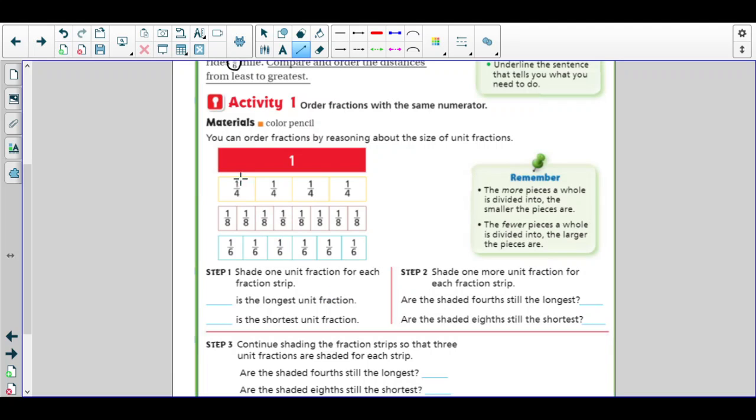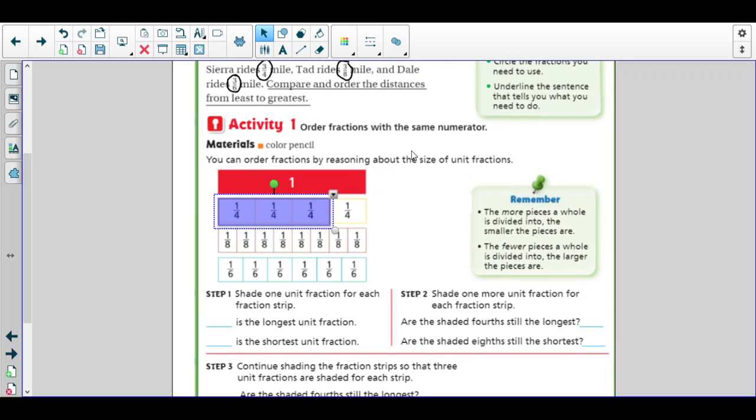So Sierra was 3/4 right here. Get that filled in. And Tad was 3/8.